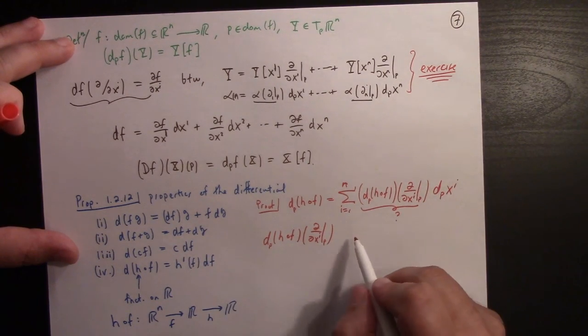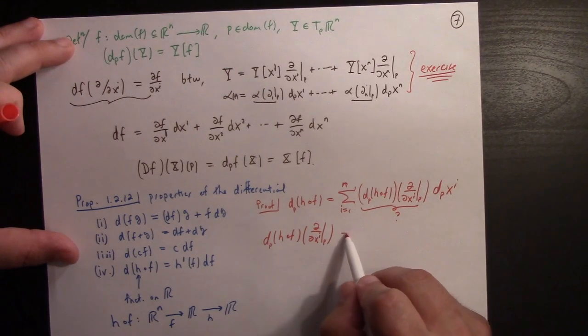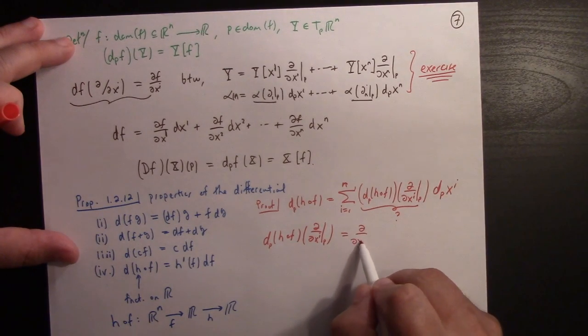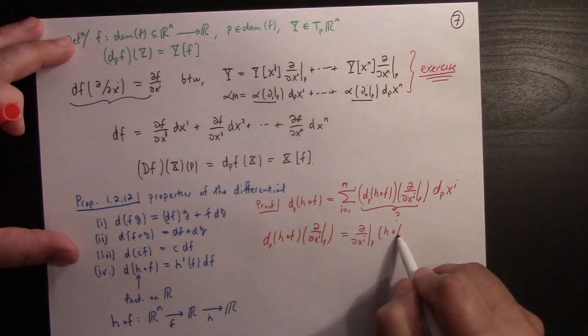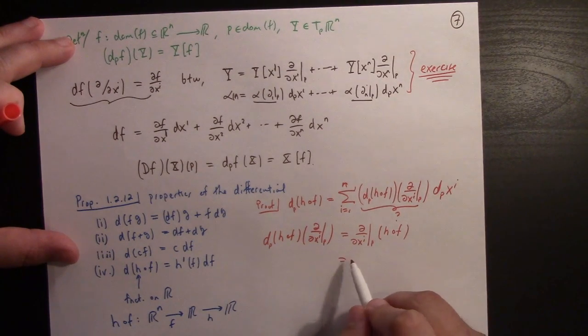Well, by definition, this is partial xi of p acting on h composed with f. But what is that?